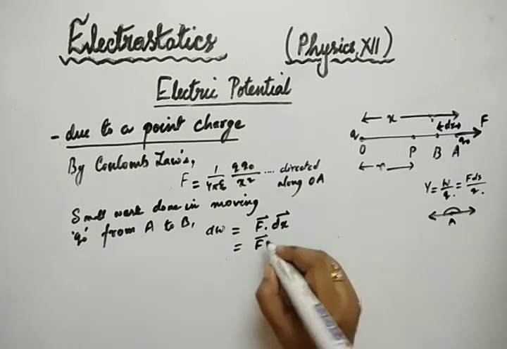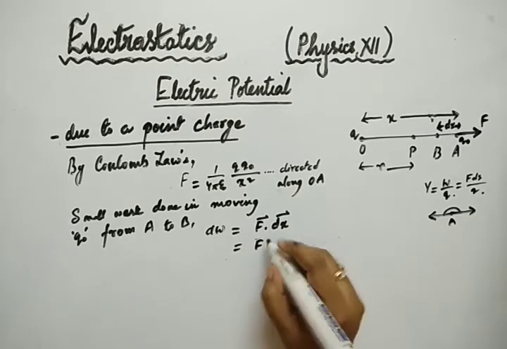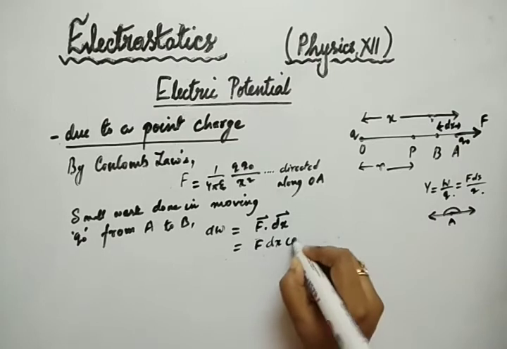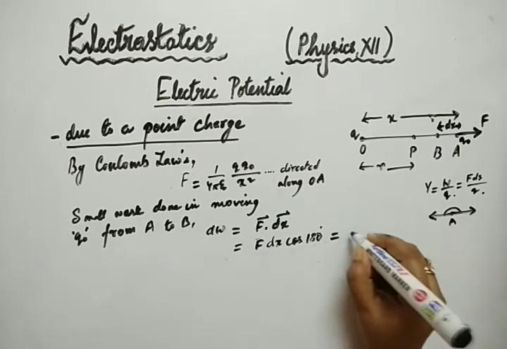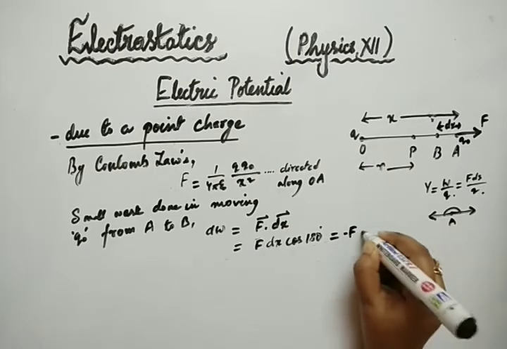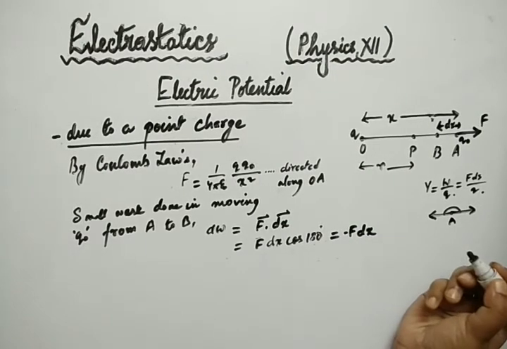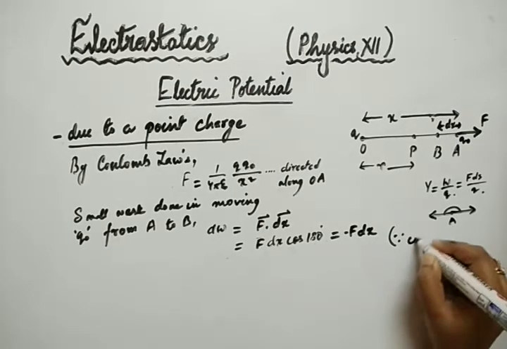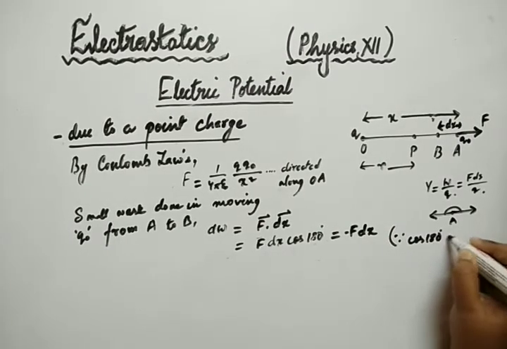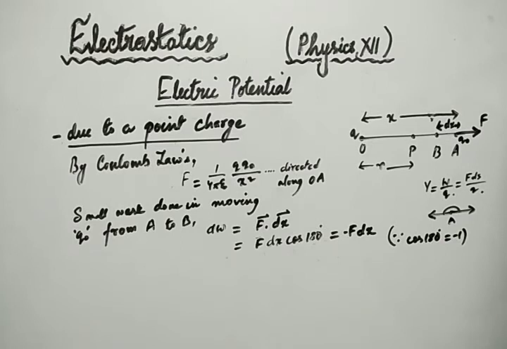Hence we will write F dx cos 180 degrees. Cos 180 degrees equals -1, so we can write it as minus F dx.